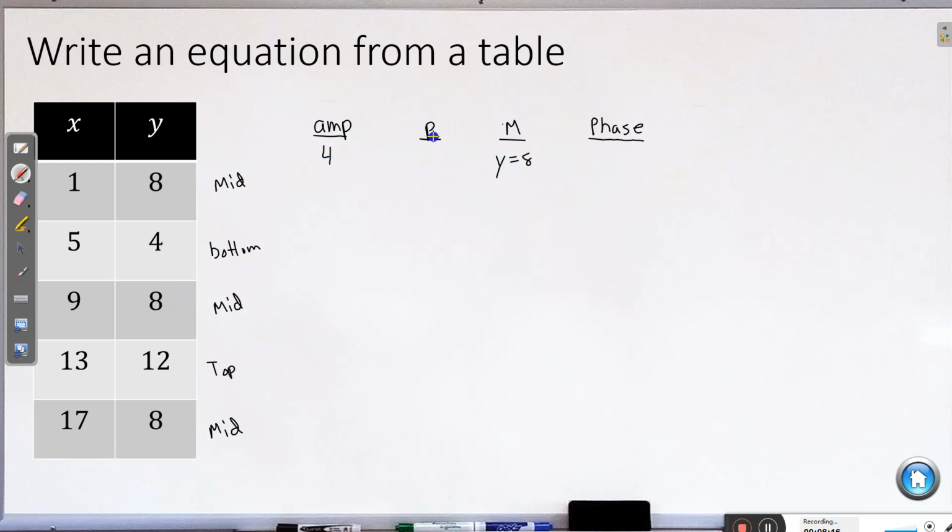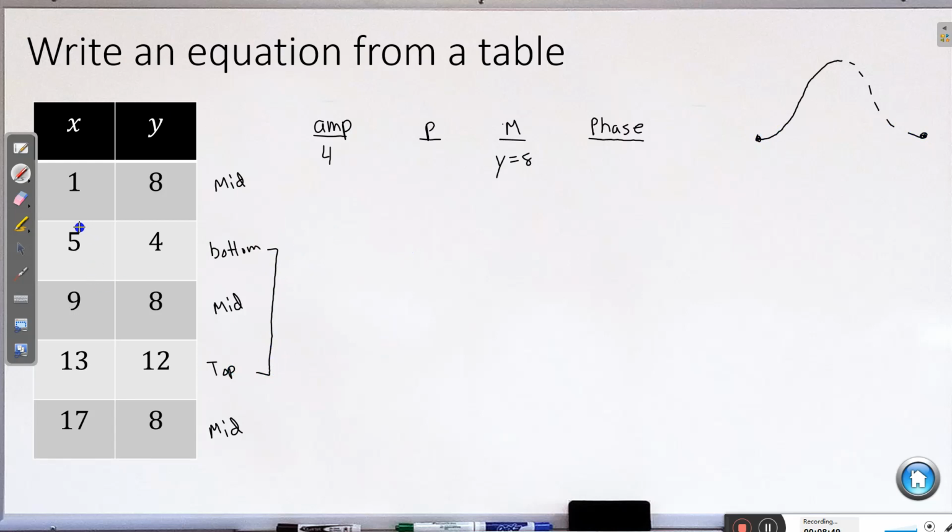Now the period, though. What is this period? So we're going from the middle to the bottom to the middle to the top. Well, if I look at the bottom to the top, we should be able to recognize that as half a wave. If I draw that from the bottom to the top, that is only half a wave. We would have to then do the other half to get one full period. So if I take that distance there, that is half a wave, and so I'll double it to get a full wave.